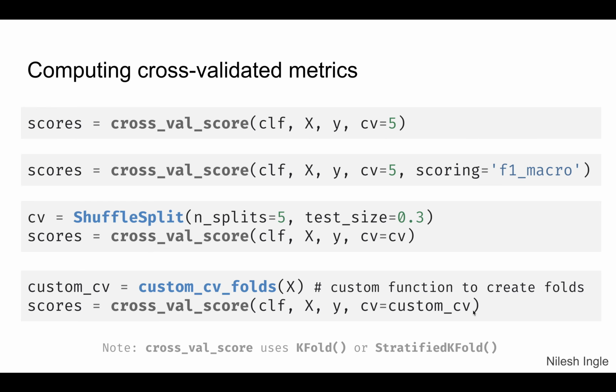It should be cv_no, I think that's good. So custom_cv goes as an input to cross_val_score, and that will give you the scores after the cross validation is performed on the train data. By default, cross validation uses k-fold methods and stratified k-fold to create the folds. We'll look at each of those in upcoming slides.